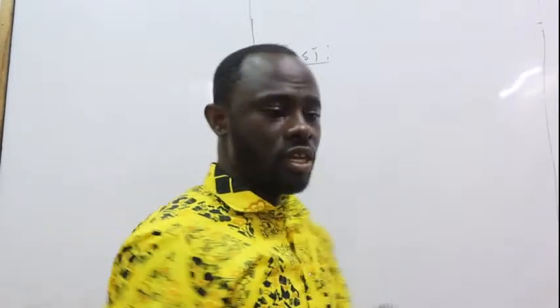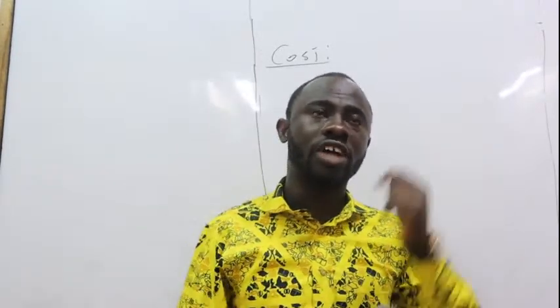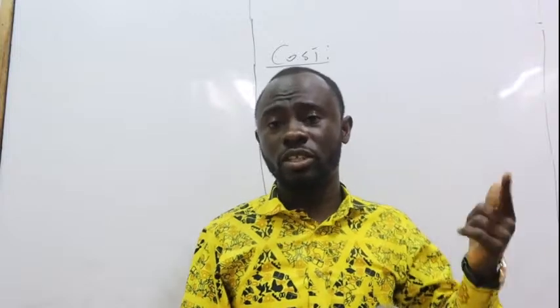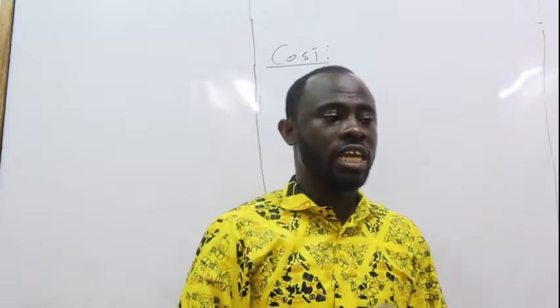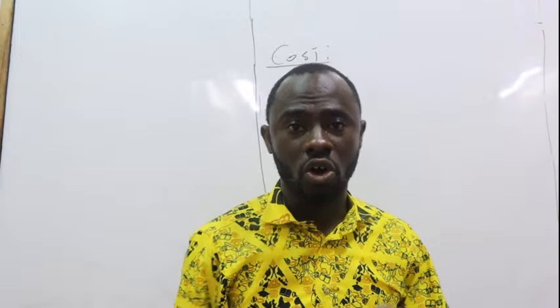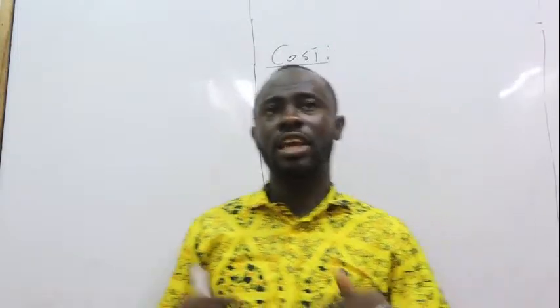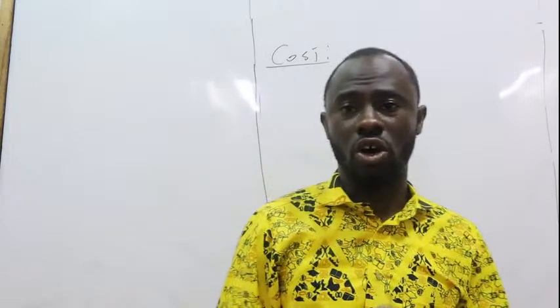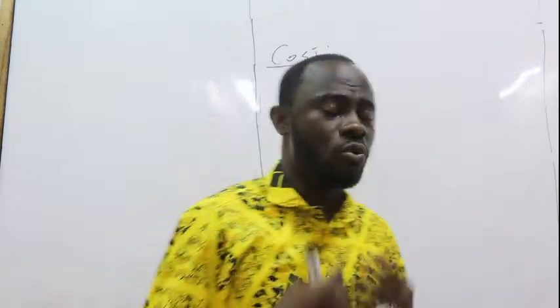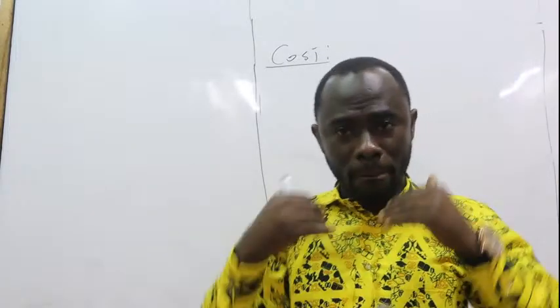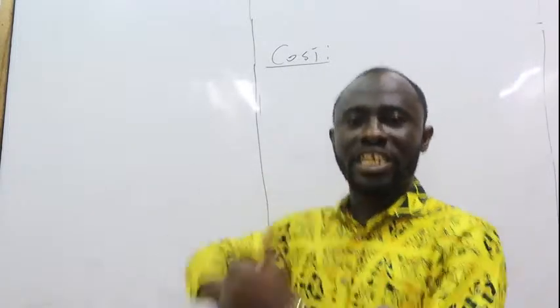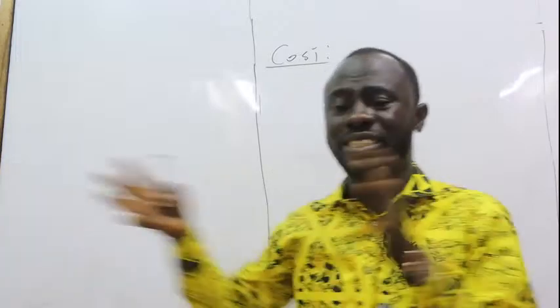So let's see. Cost. We define cost from the introduction as the amount of expenditure incurred in an activity, a process, or an undertaking. Okay? So when I say it cost me $200 to get to work, meaning that that is the expenditure I incur on that particular activity.